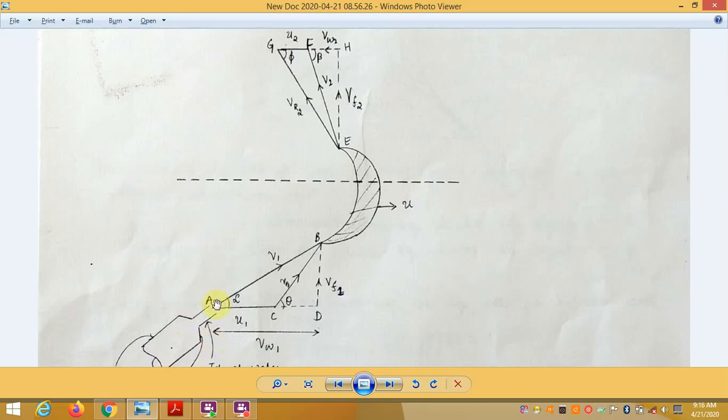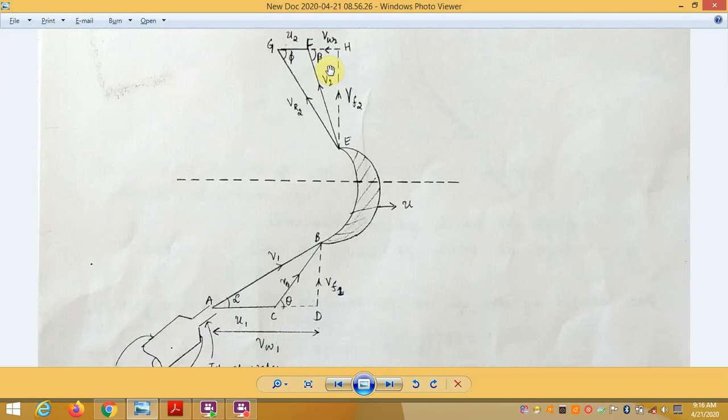Then V1 and V2 are the absolute velocities of the jet at inlet and outlet respectively, and U1 and U2, this is at the inlet U1 and this is at the outlet U2, are the velocities of the vane. And alpha is here and beta is here.